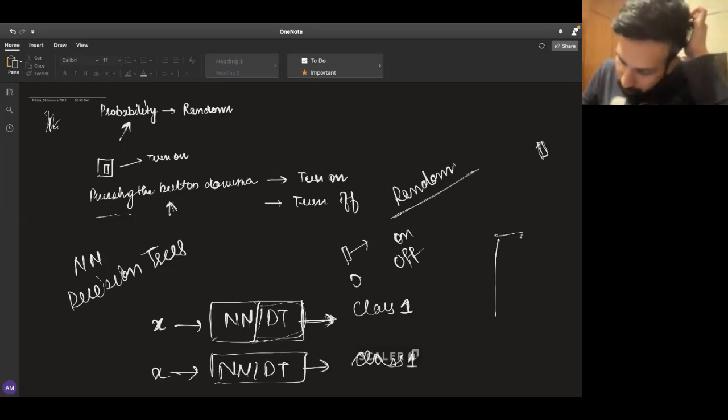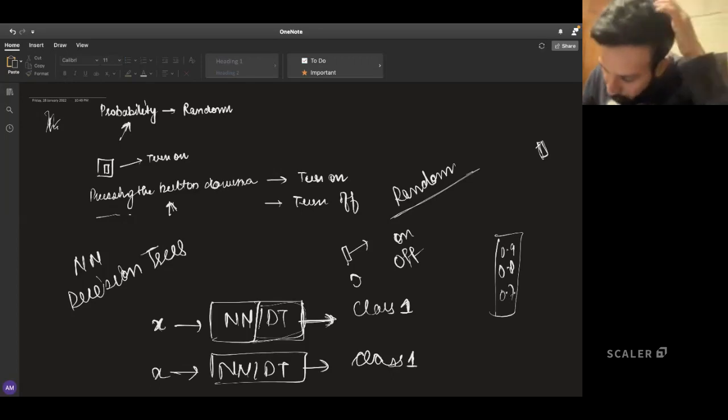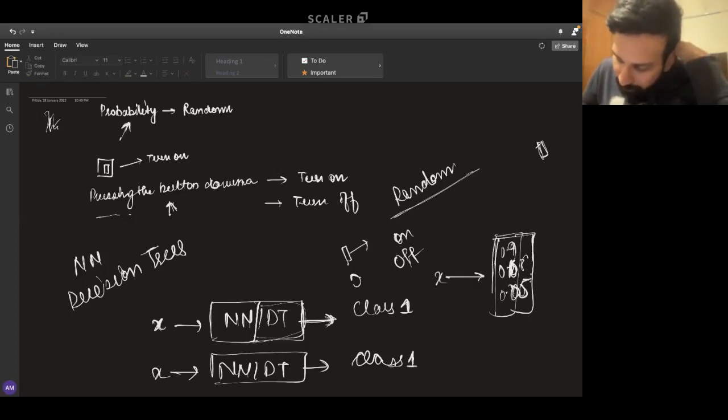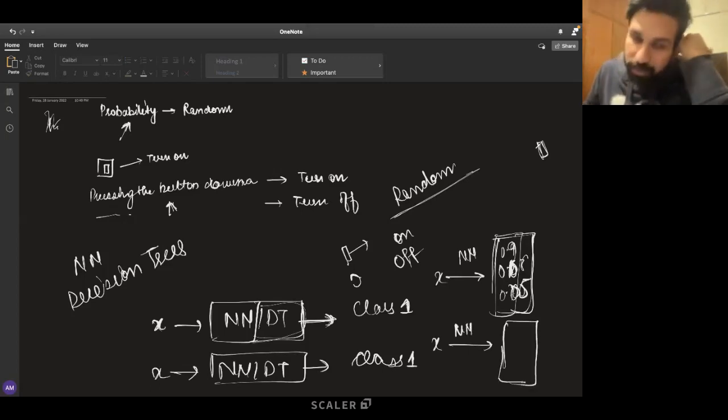Even if it's a neural network, let's say, and it is giving us probabilities, let's say 0.9, 0.8, and 0.7, something. Now, this is not possible, so let me make it 0.9, 0.05, and 0.05. So this is a 3-class classification task. What I'm saying is, for a specific input X, if these are the probability values that you're getting right now, if you pass this X to the same neural network again, will you get some other probabilities?